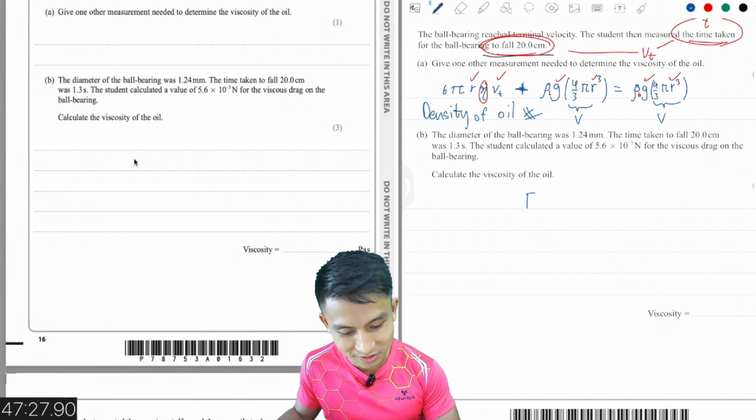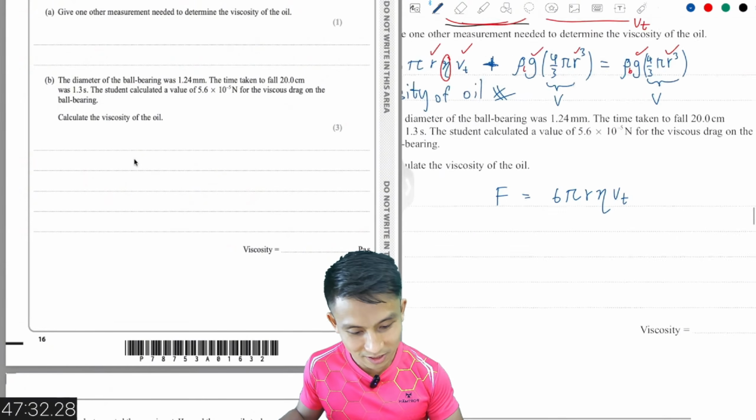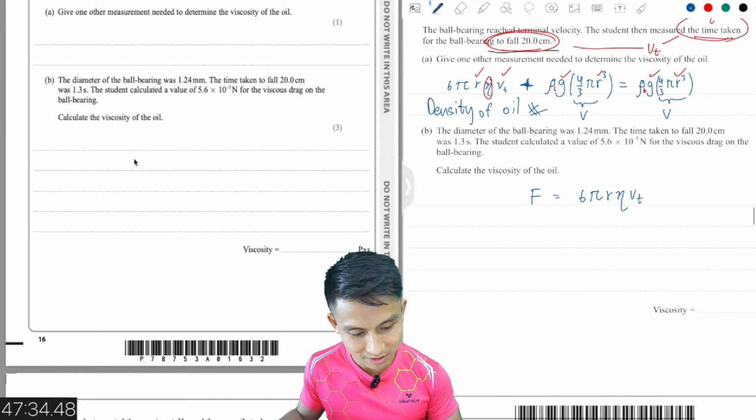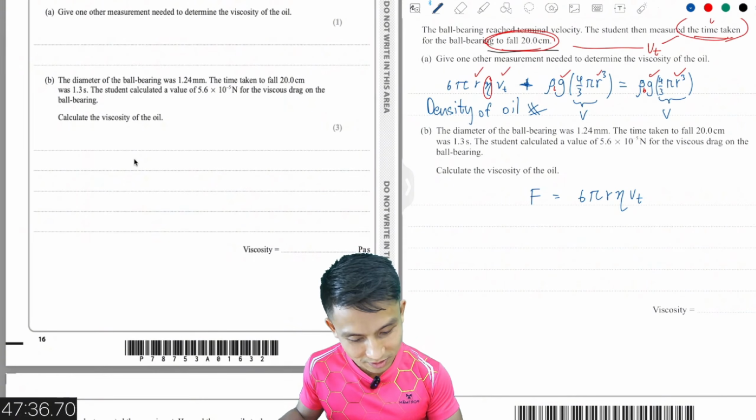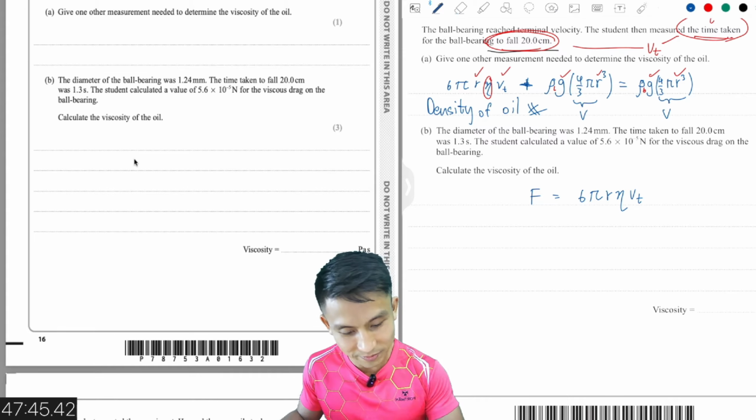Okay, so we're just going to do F equals 6 pi R nu Vt. And then 5.6 times 10 to the minus 5 equals 6 pi. Well, I'm just going to move the equation already, yeah?